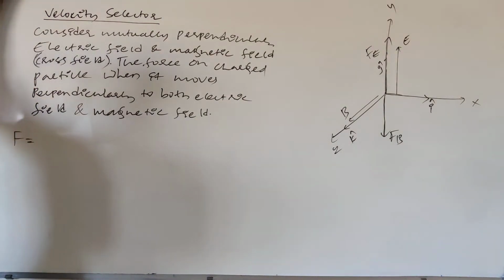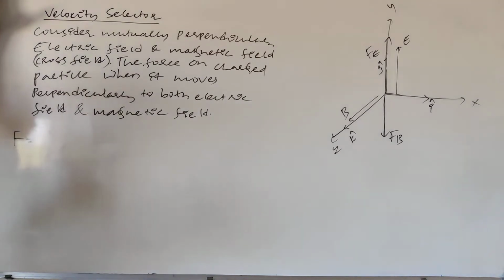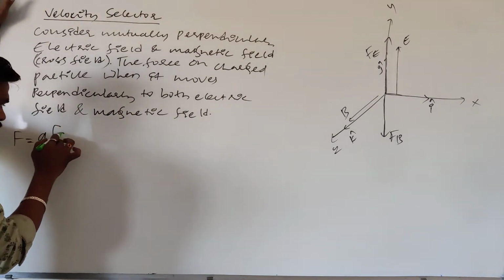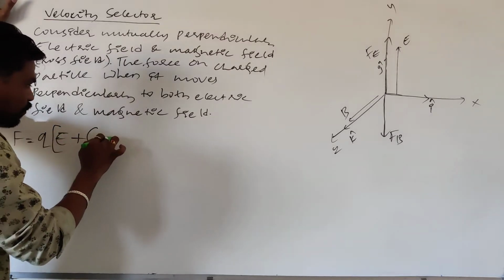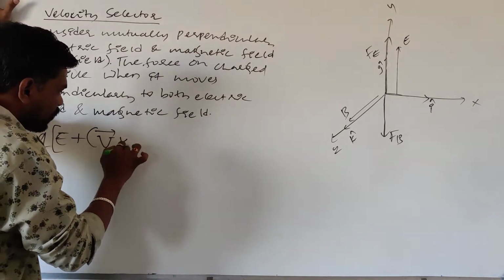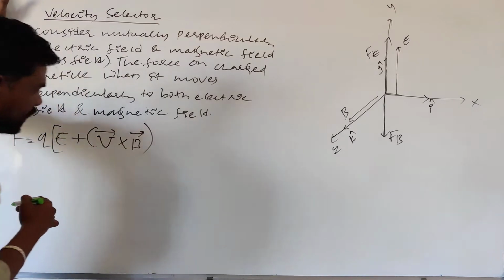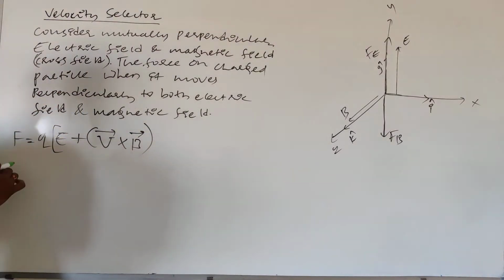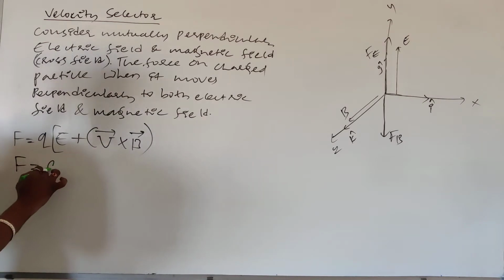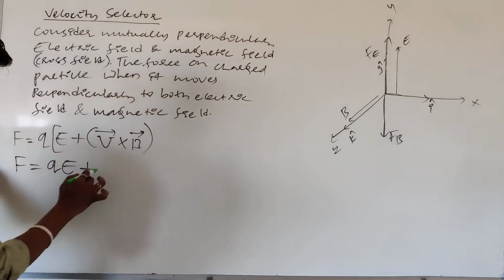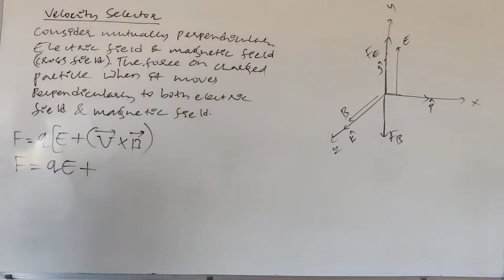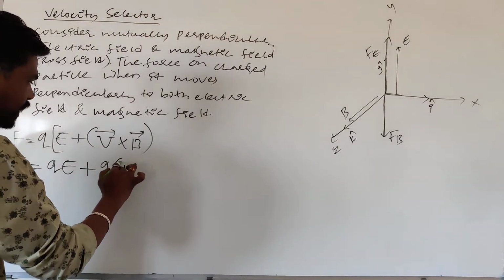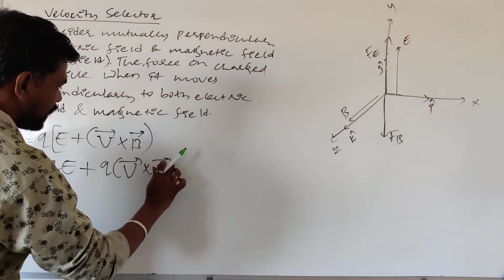F is equal to, we know already, Q times E plus V cross B. So if we write once again, QE plus QV cross B.